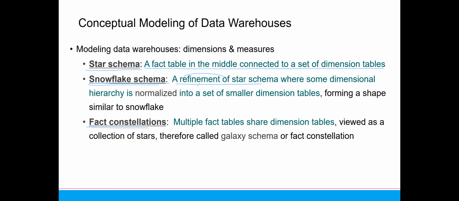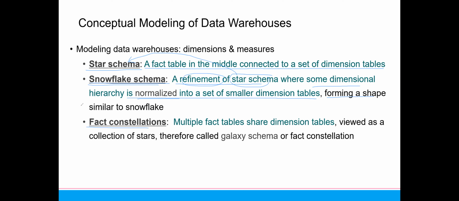Okay, a refinement. It means we have the star schema, this one, but it is refined, or we can say it is normalized. So some dimensional hierarchy is normalized into a set of smaller dimension tables.